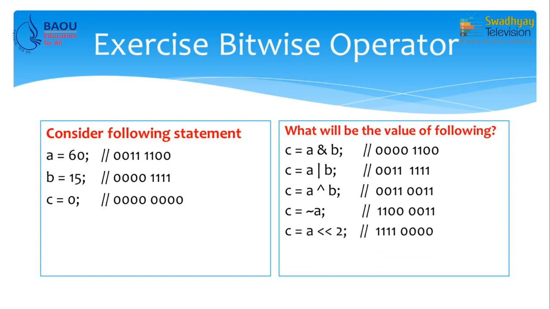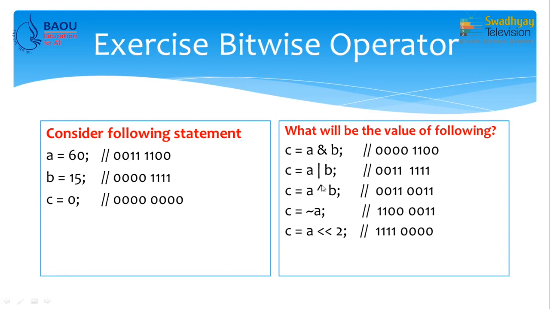Now, suppose we want to shift the bits of A left by 2. This operator will shift bits 2 positions to the left in A. So, we can see the first 0 0 are discarded and the 1s will be shifted 2 positions to the left side.